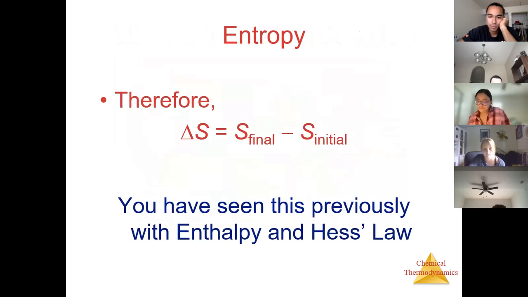So we're going to do the same thing with entropies that we did with enthalpies. Hess's law does not change. And keep this in mind, Hess's law also works for delta G's as well.